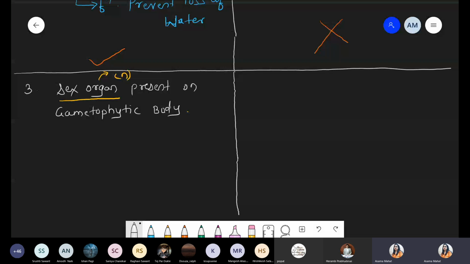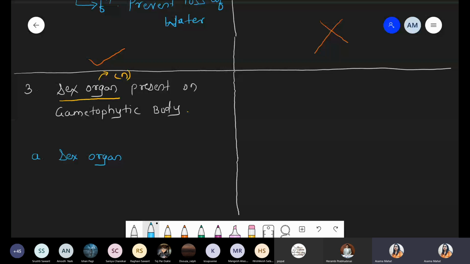Under this, number one, with respect to the sex organ, the first point is sex organ embedded in the thallus on the dorsal side. Remember, we saw these are also called cryptic. Crypto means something hidden. The sex organs are hidden.